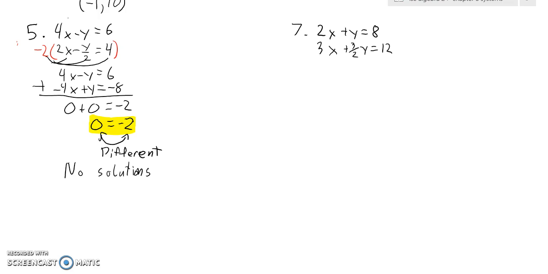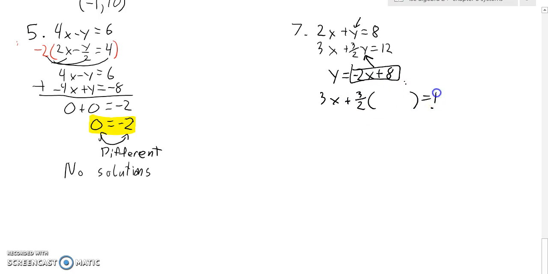Let's use substitution on the next one. I'm going to solve the top one for y. So subtracting the 2x, I get y equals -2x plus 8. I'm going to take that and substitute it in for the y in the other equation. So 3x plus 3/2 times y equals 12, but my y is -2x plus 8.